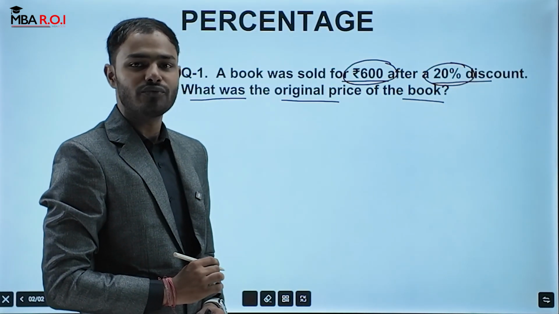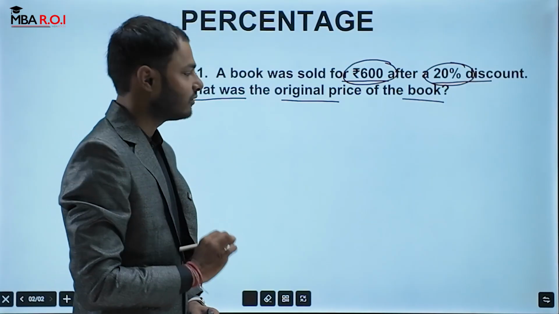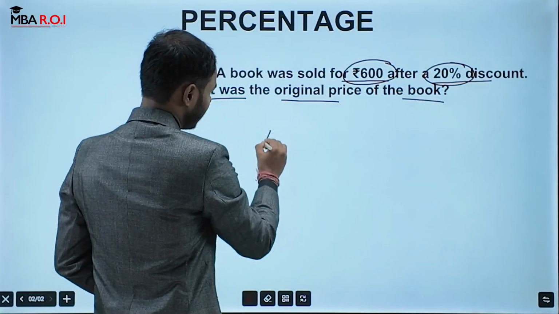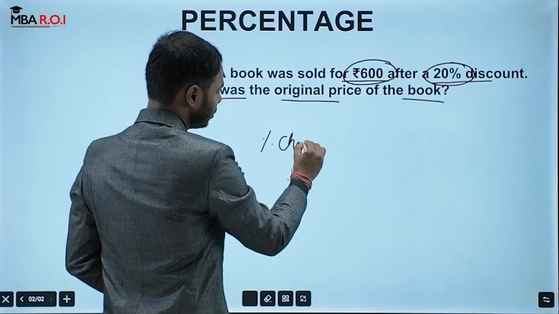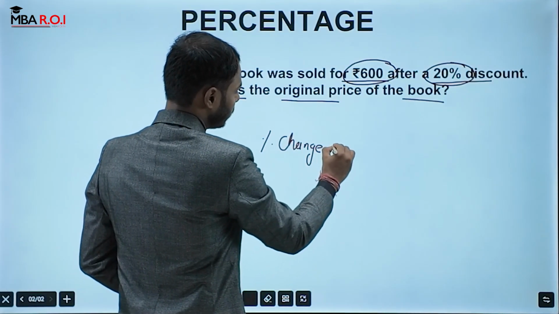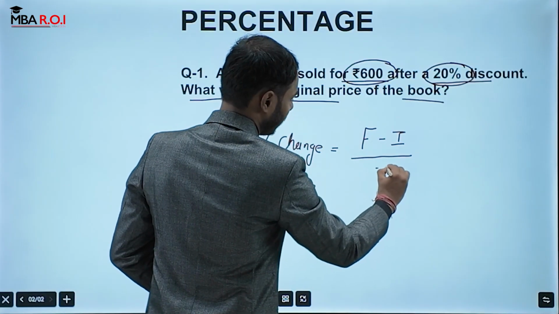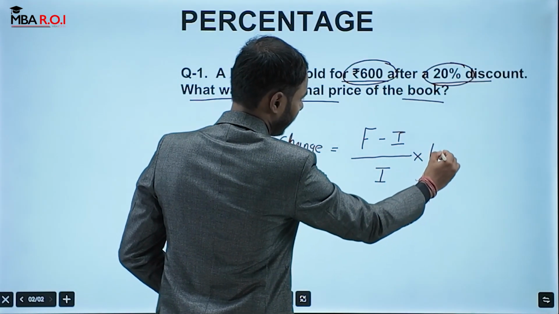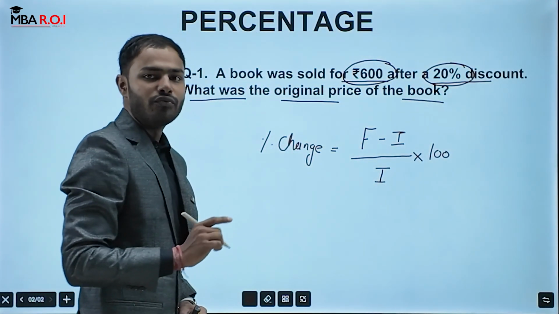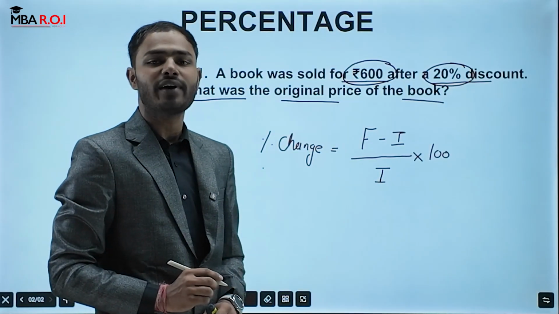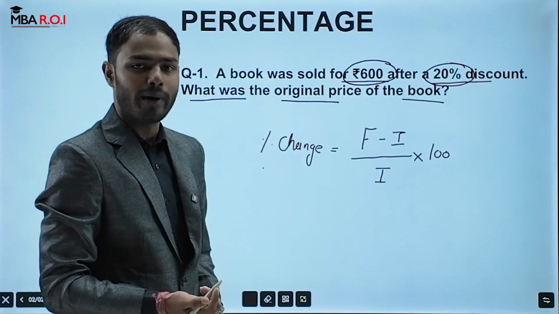So how can we use the formula? First of all, we are going to write the formula. So the formula was that percentage change is equal to final minus initial upon initial into 100. Now, we know that here the percentage change value is given to us as 20%.